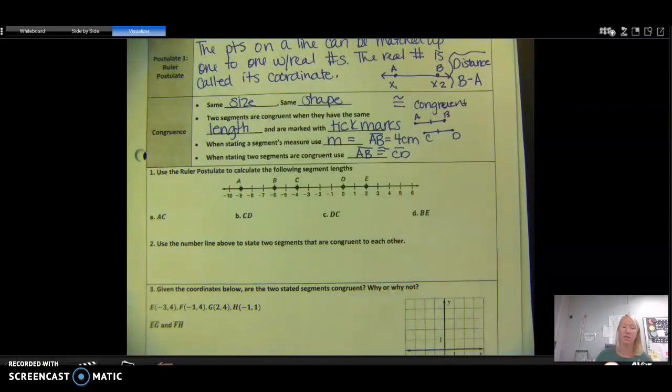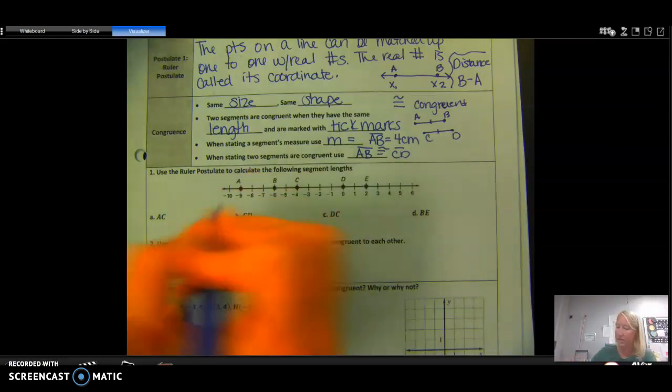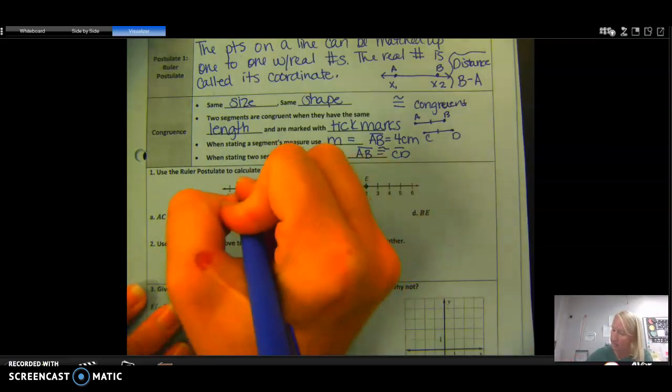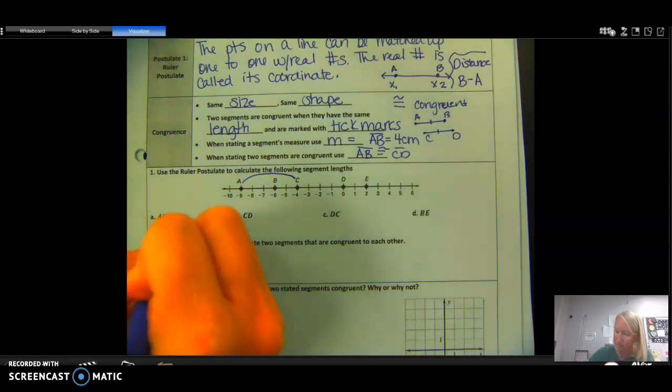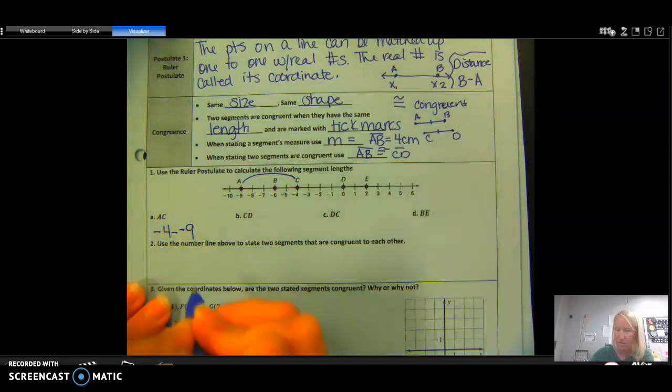Okay? Use the ruler postulate to calculate the following segment lengths. Go ahead and pause me and solve for A, B, C, D, and number 2. Unpause me when you're done to check yourself. Okay, so hopefully you've done these. AC, so A to C, -4 minus -9. Two negatives make a positive.